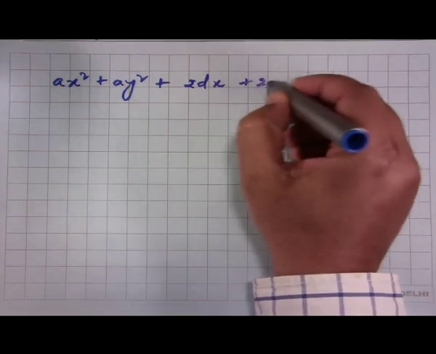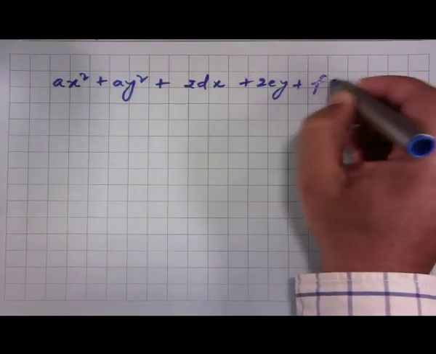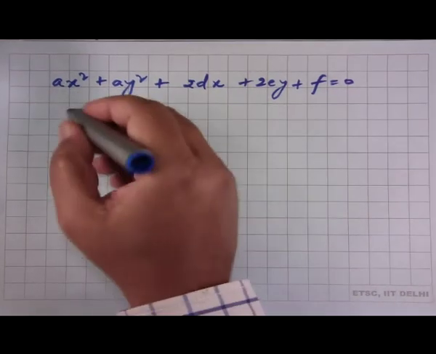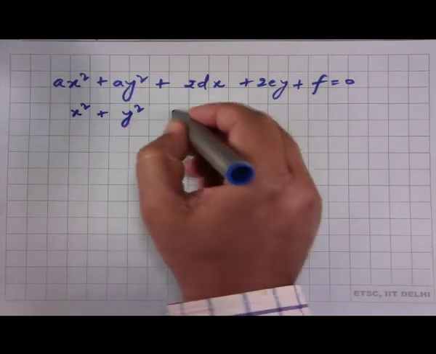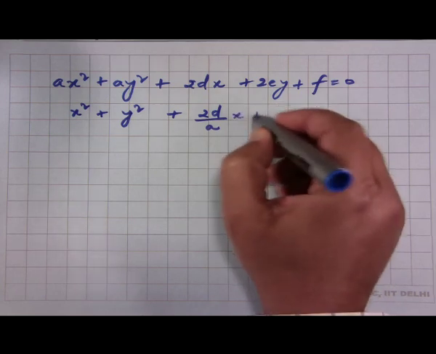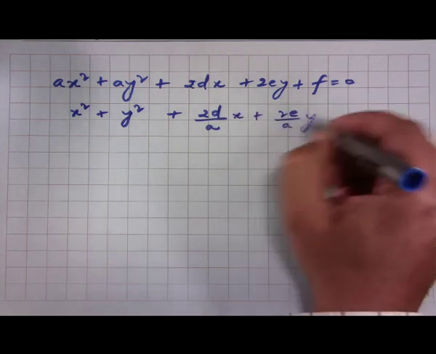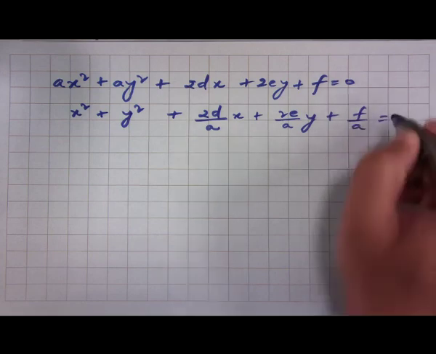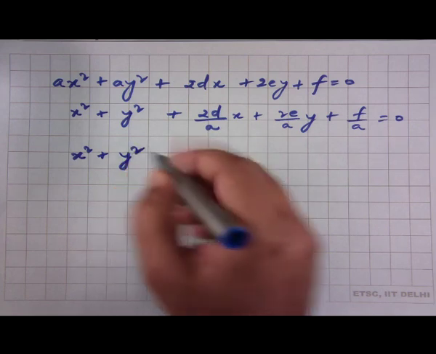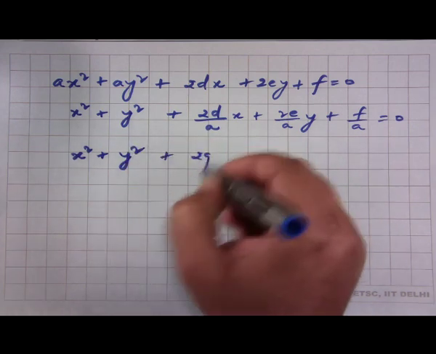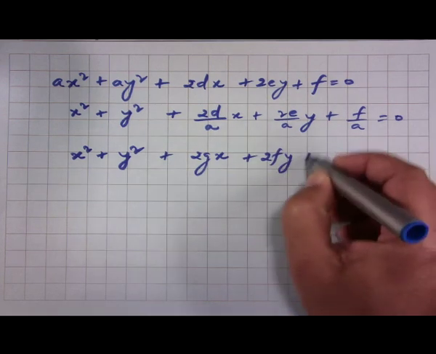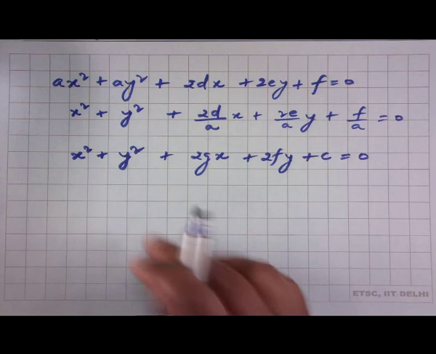2dx plus 2ey plus f, and if we divide everything by a, we get an equation which obviously is of the form x square plus y square plus 2gx plus 2fy plus c is 0.